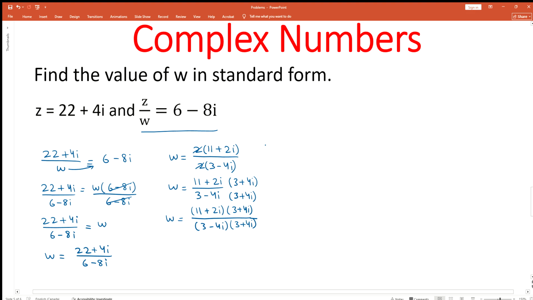Next, we can distribute the terms in the parentheses in the numerator and denominator using the FOIL method.